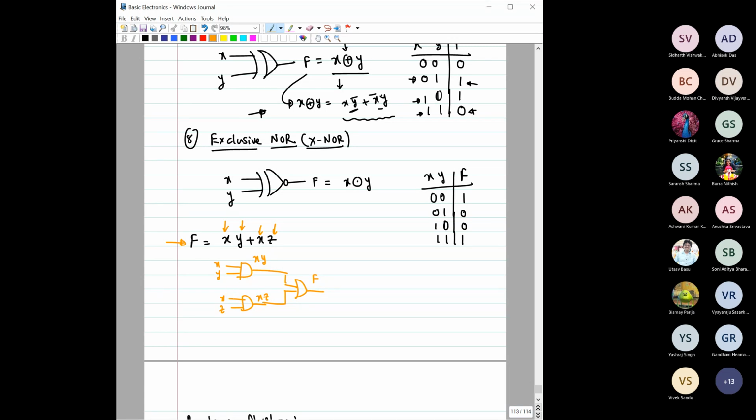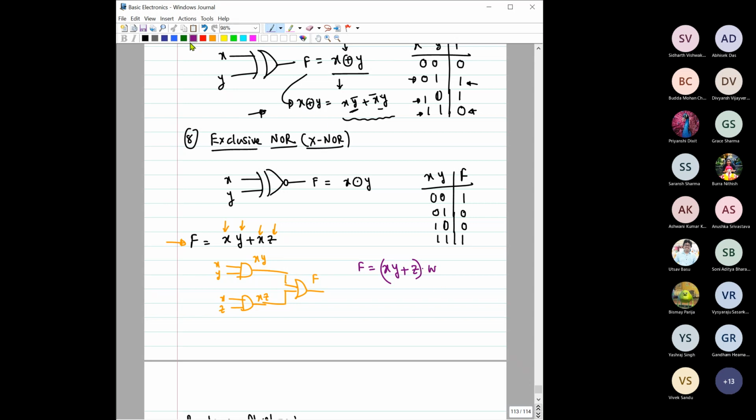Similarly, suppose we have to get another arbitrary function, say xy plus zw. Here let me write it with w. So xy plus zw.